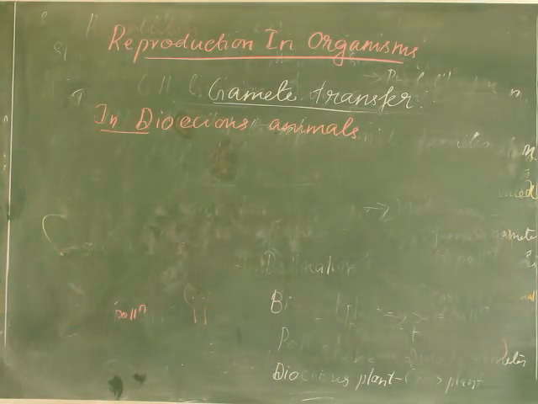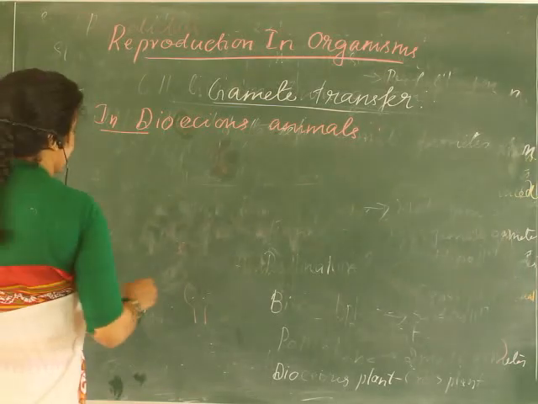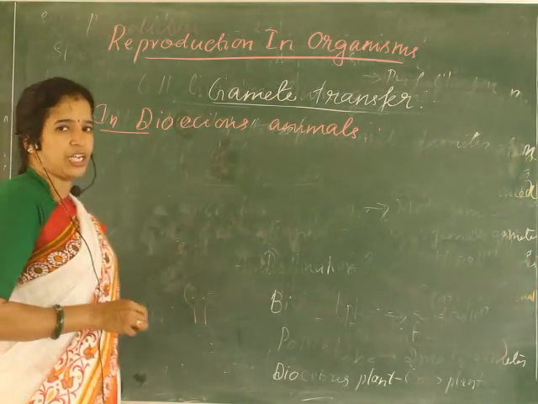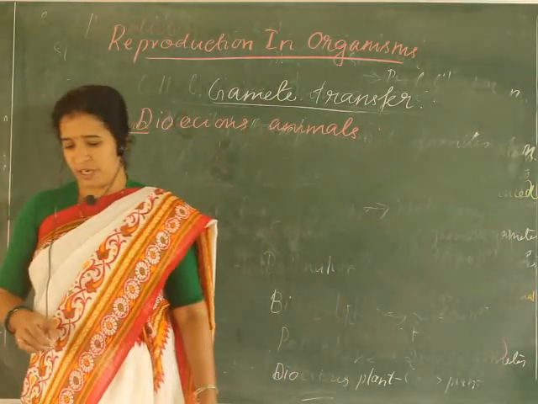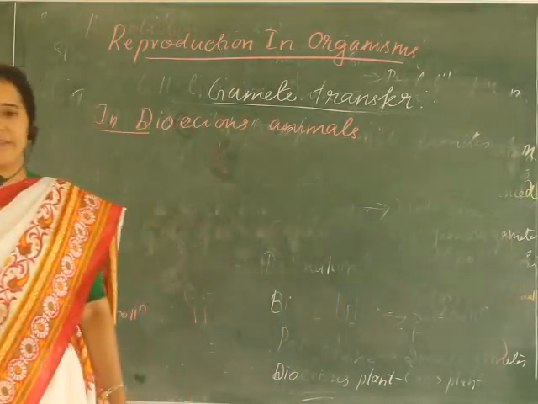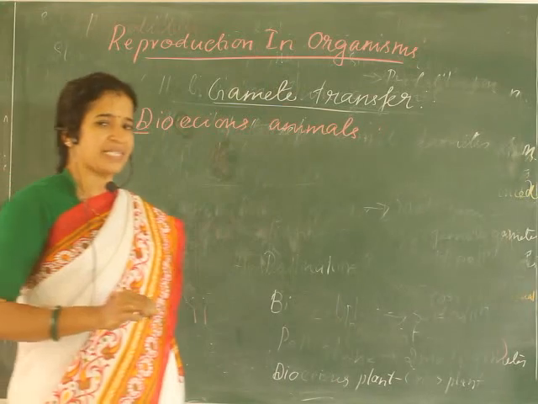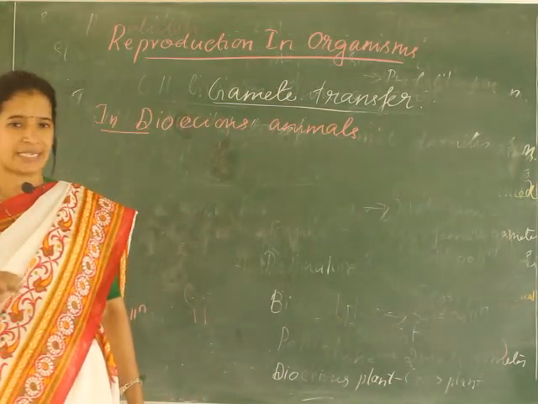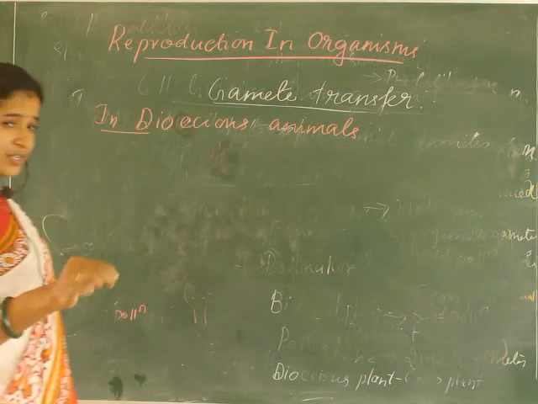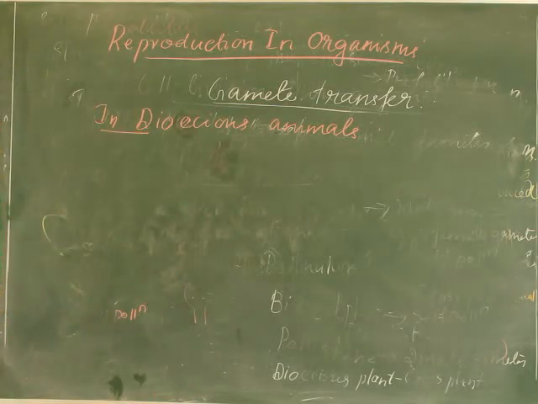So we say that the most critical and essential event in sexually reproducing organisms is gamete transfer, then the coming together of these gametes. So we have understood that.